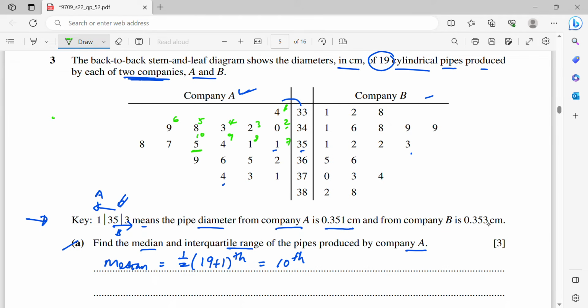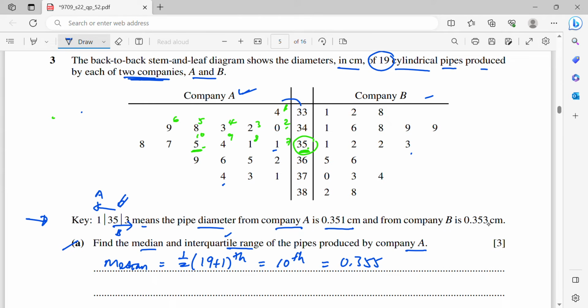So this is my 10th reading, which means my median is 0.355. Now the next is the interquartile range.